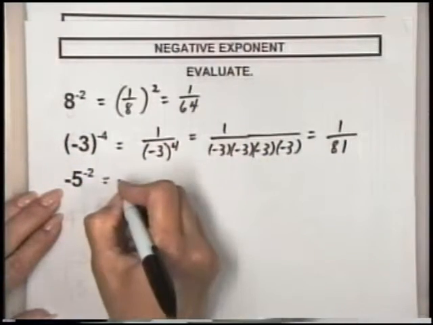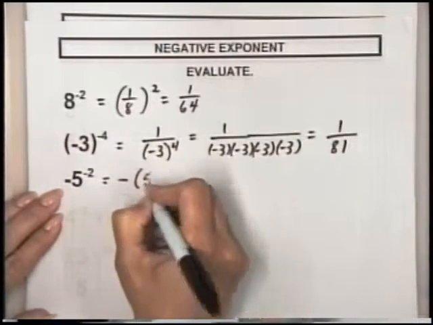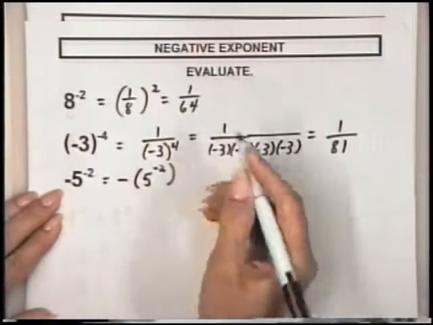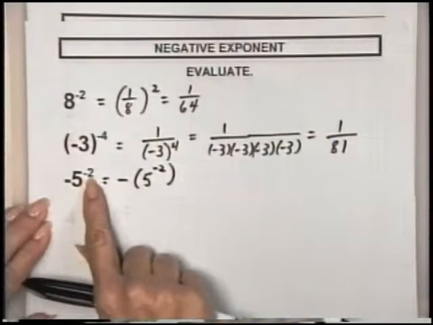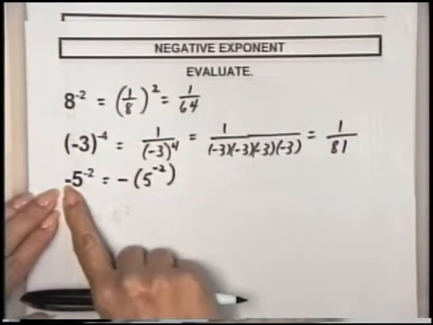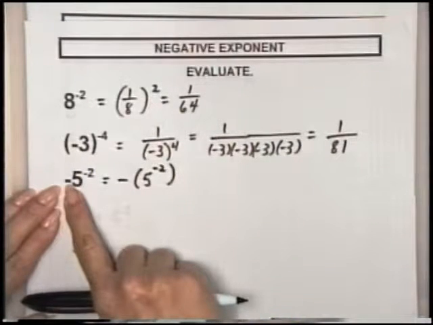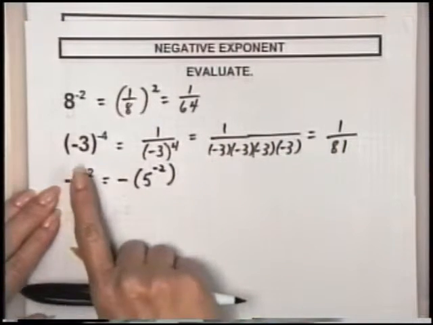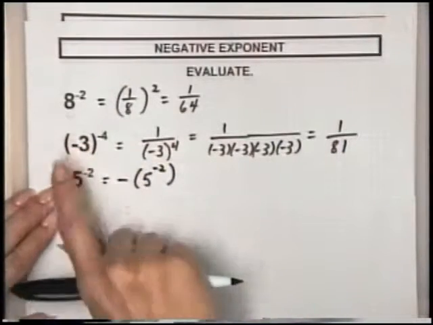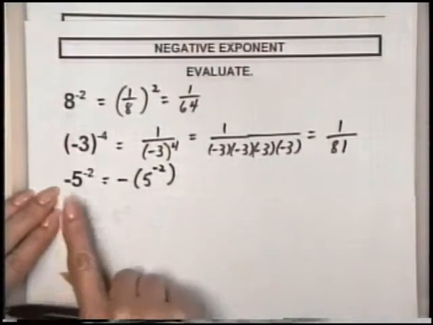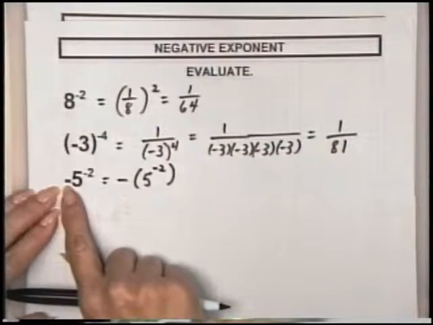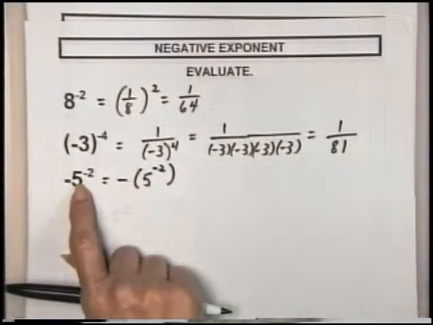For this problem, though, we mean minus 5 to the negative second power. The negative 2 exponent does not apply to the negative in front of the 5. If we want the exponent to apply to the negative, we would have to write negative 5 in parentheses the way we did with negative 3. Be sure you understand what this means.